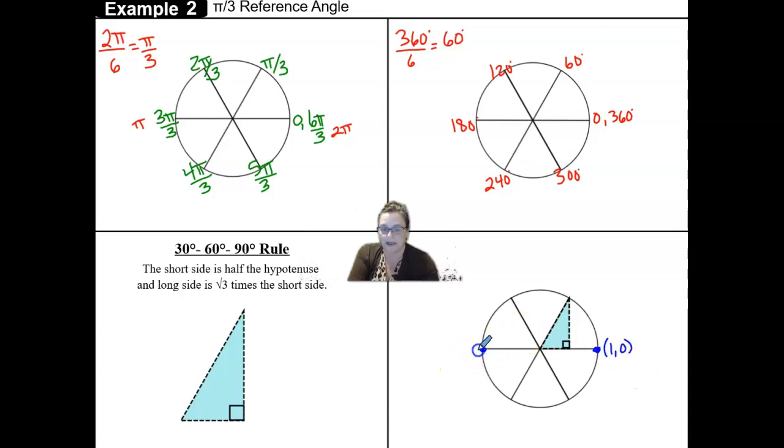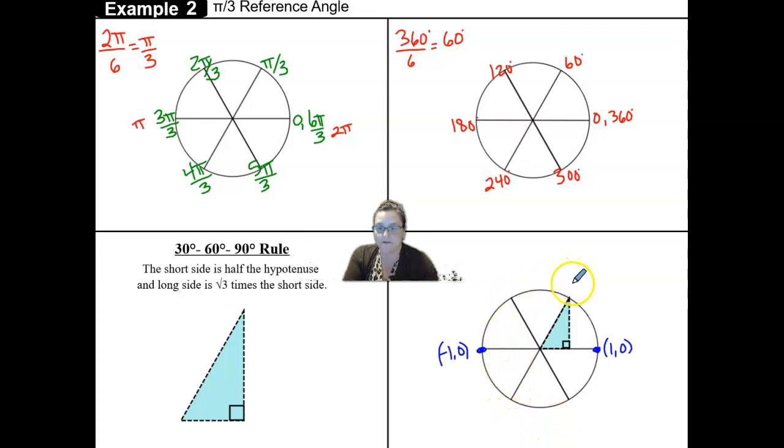Then half the circle, or 180 degrees, pi radians, that's the point (-1, 0). And you'll notice that the y-axis isn't part of dividing the circle into 6 congruent sectors. So we don't need to label our quadrantal angles along the y-axis in this layer.